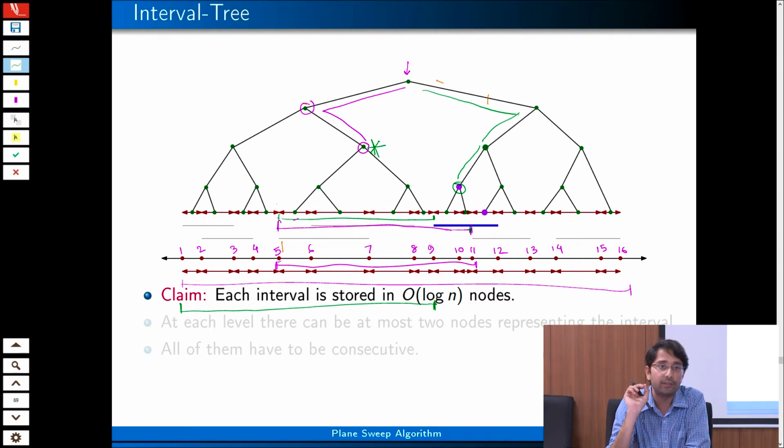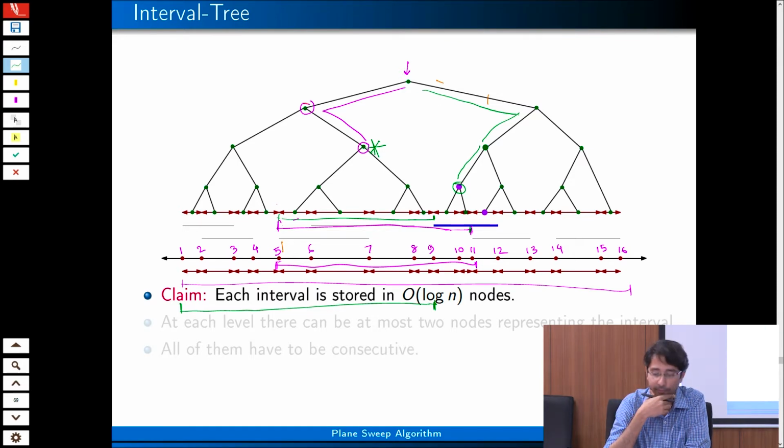So I know that each interval is stored in multiple nodes. The question is how many nodes? Why? So his claim is the number of nodes in which an interval can be stored is the height of the tree, that is log n.